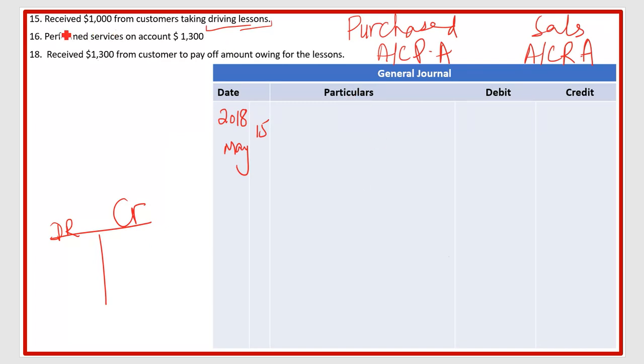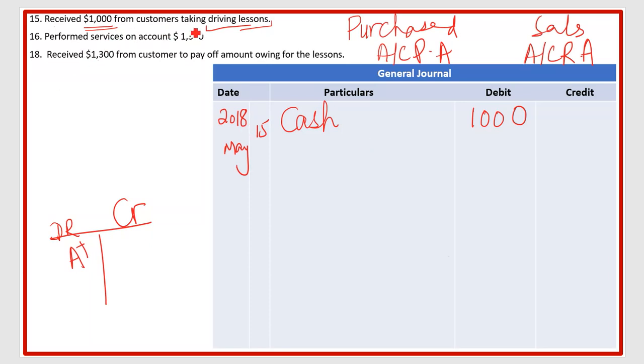In the first transaction, suppose we have provided driving lessons to the students and then we have received 1000. We have received, it means cash. Cash is an assets account, and assets increase on the debit side. That is why we write down cash here. How much have we received? 1000.